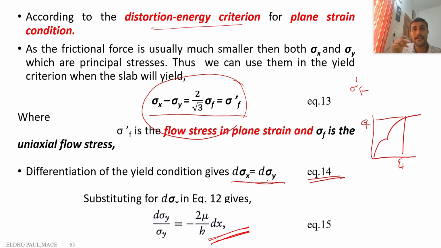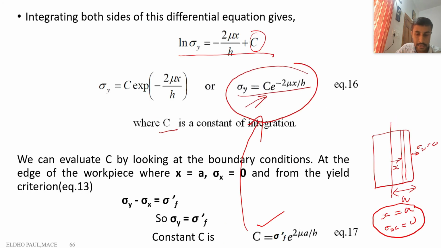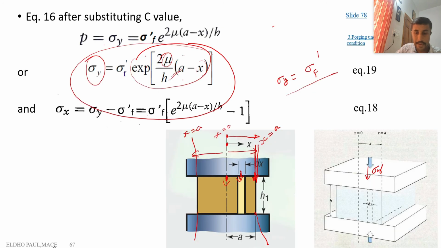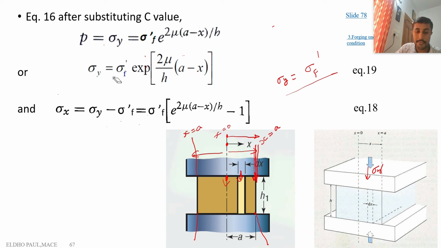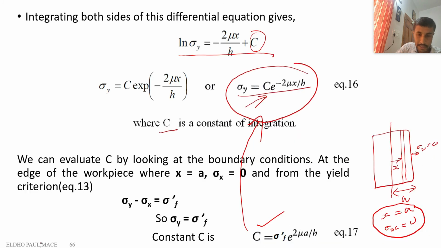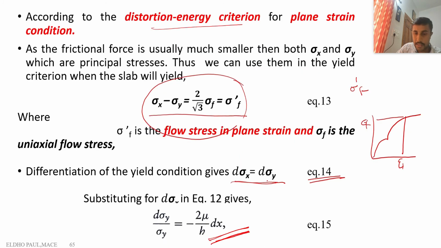Then we have two equations. We calculate the unknown by means of this integration, and finally we get this equation, the amount of stress required in the vertical direction, sigma y. And by supplying the sigma y value in this previous equation, we can calculate sigma x.